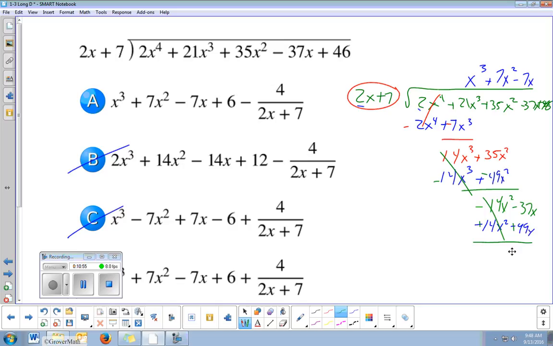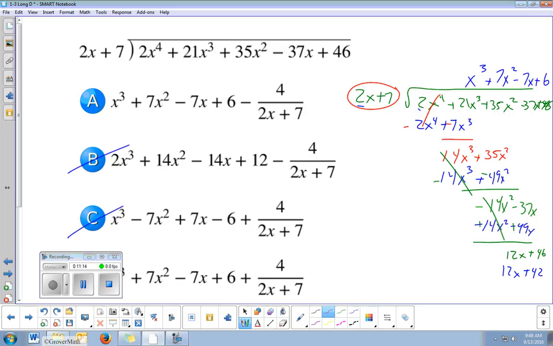That's 12x, and bring down the 46 that's left over. 12x divided by 2x is plus 6, distributes to 12x plus 42.